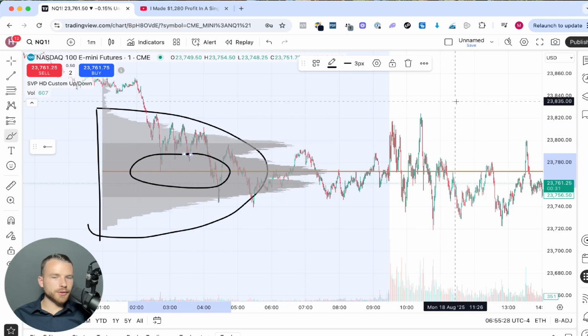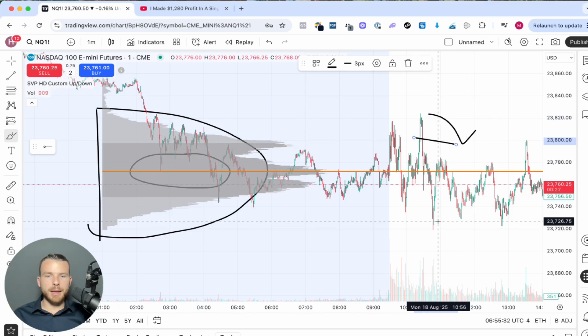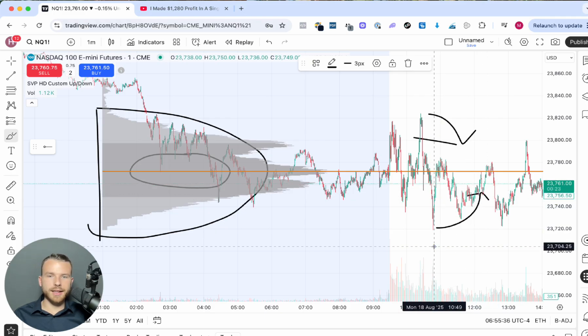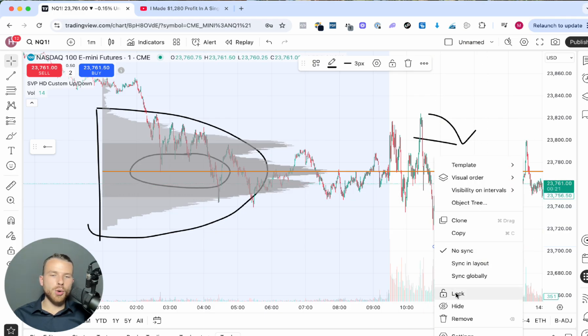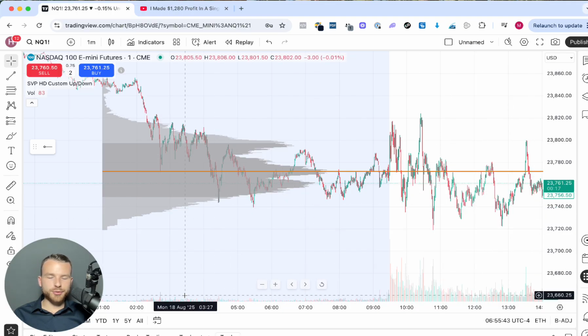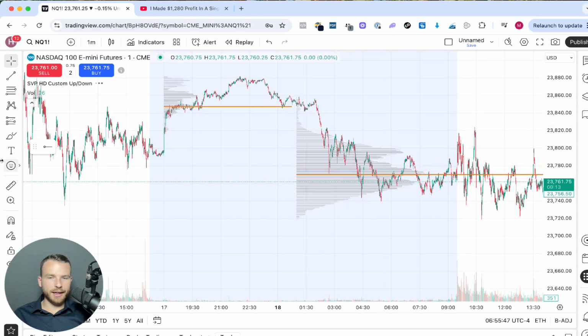And in that type of environment in general, I'm looking for short entries up here at the low volume nodes above the range, and for long entries at the low volume nodes below the range. Pretty simple, right? Now, there's one caveat to that. One thing that's very important that you also need to factor in.